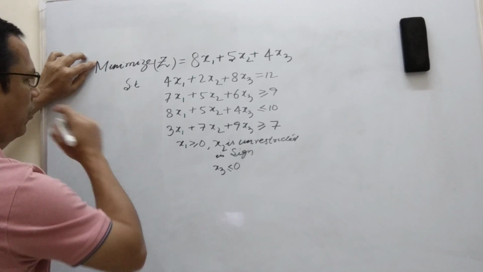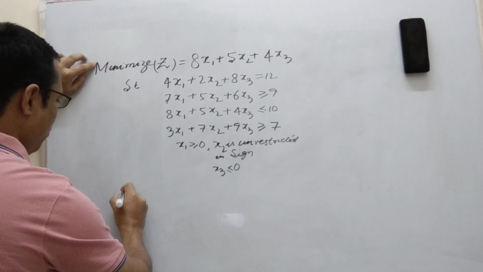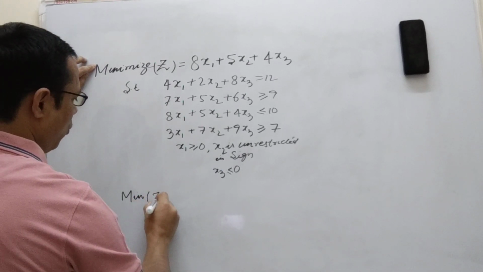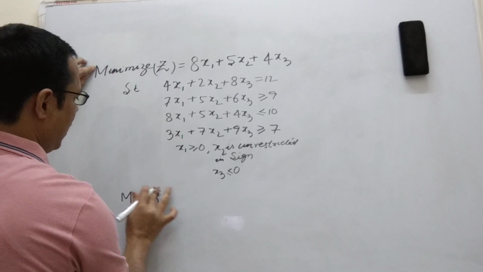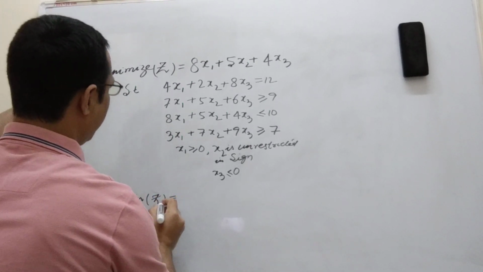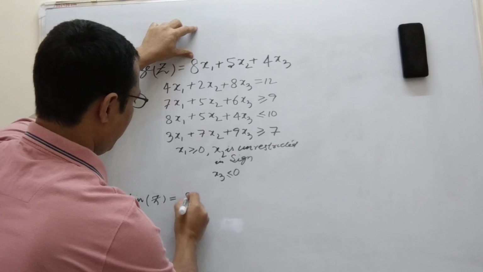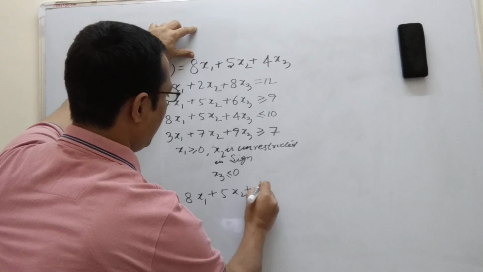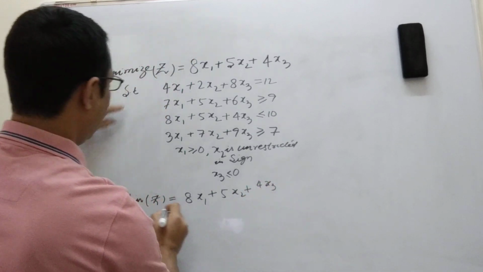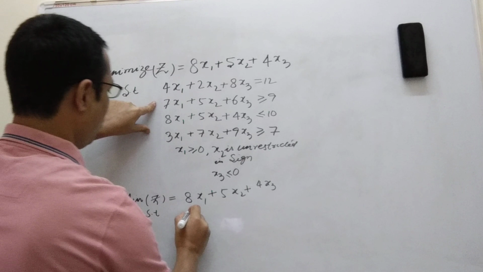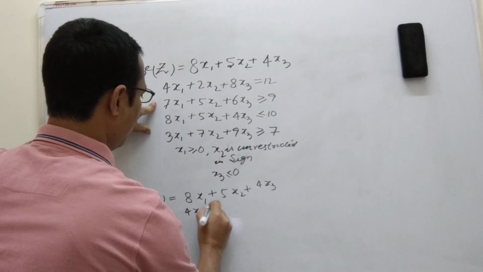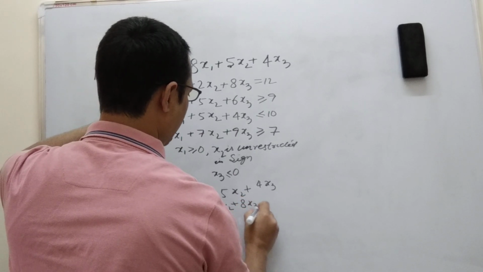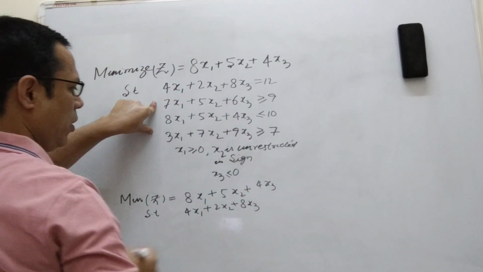First thing, I am going to proceed. Proceeding means I first need to copy. I am not going to write its dual now. I am just going to copy whatever primal has been given, and once I start to write the dual, you will see how to change from primal to dual. So now just copy 8x1 + 5x2 + 4x3 subject to 4x1 + 2x2 + 8x3, and you know how to change an equation into inequality form.